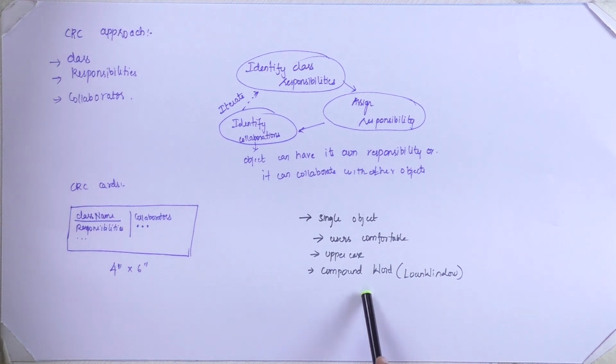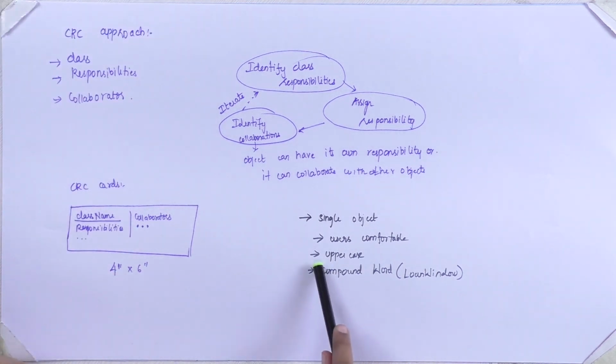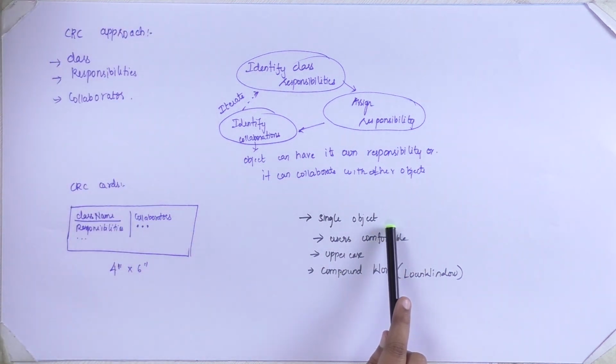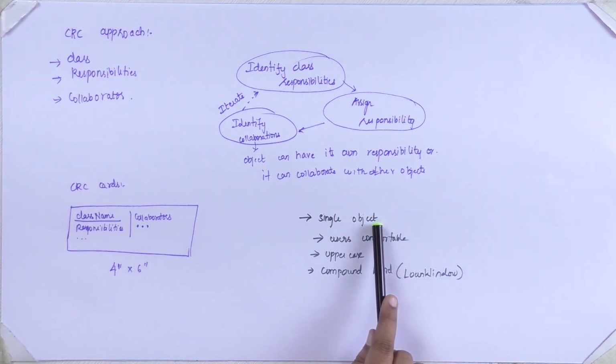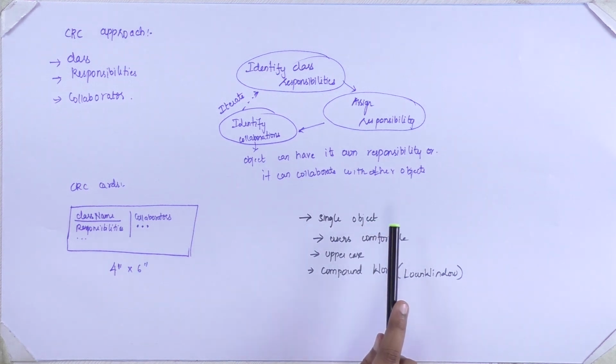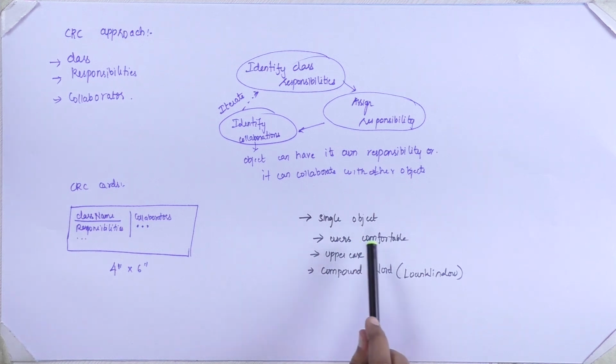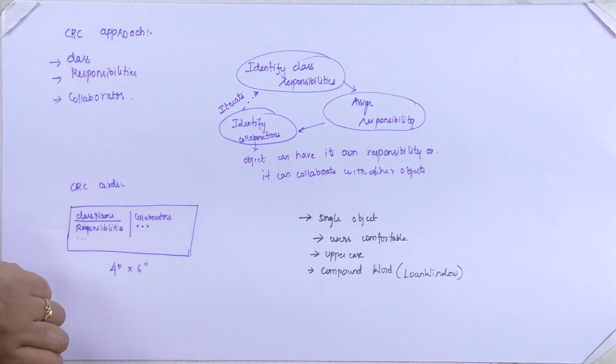Next you can see the guidelines for creating the classes as well as for naming the classes. Whenever you are naming a class, the class should represent a single object, so it should be described in such a way that a single object is represented, using the singular form of a noun. Next, give the classes names that are user comfortable.